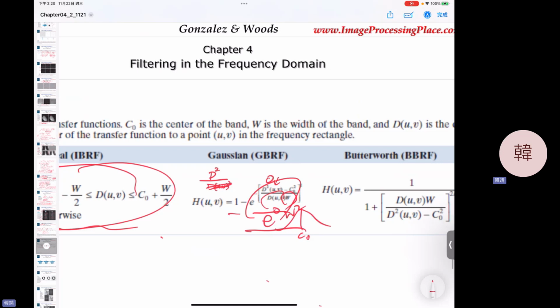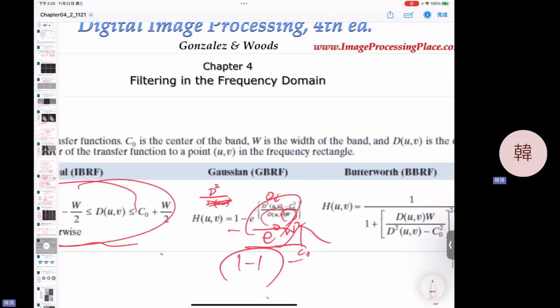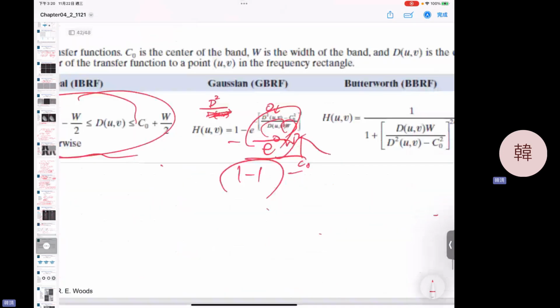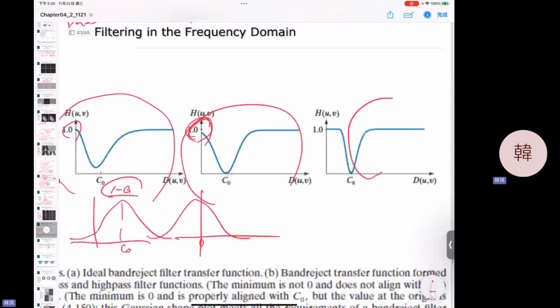So you get 1 minus 1 becomes 0. Infinity minus infinity becomes 0. So 1 minus 0 gives a good design here. It's a way to try to solve this problem. And you can do some multiplication to get this ideal band reject filter from the Gaussian function.